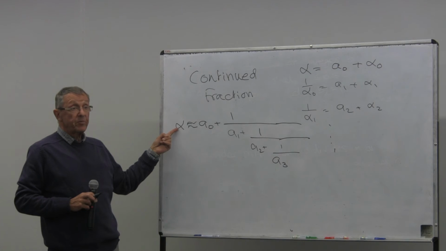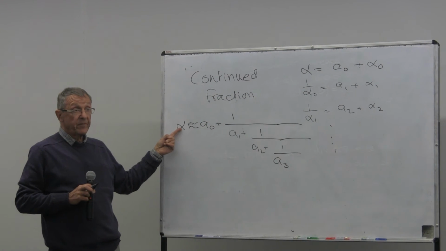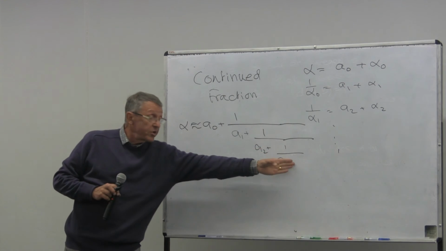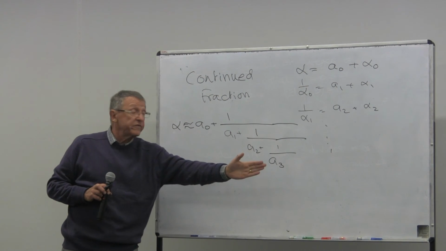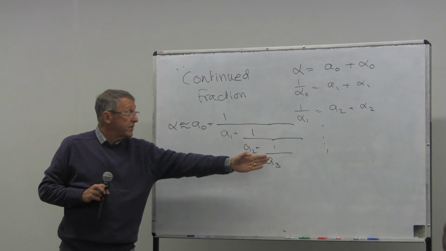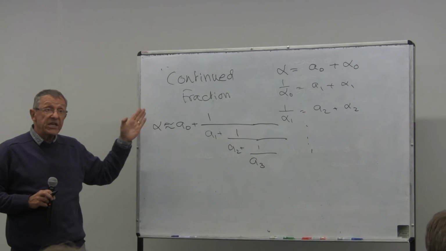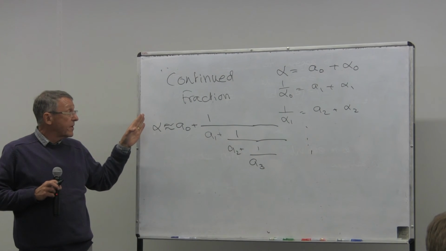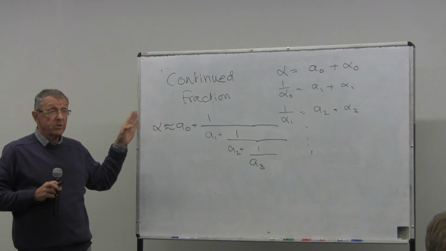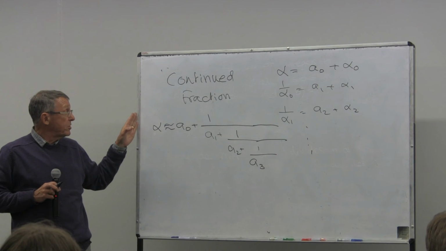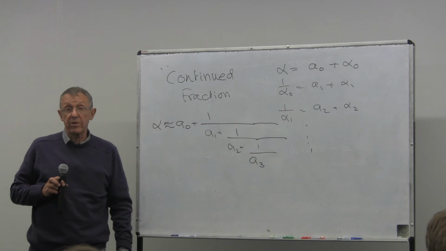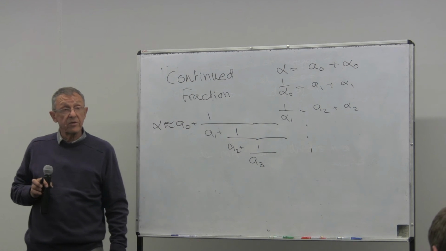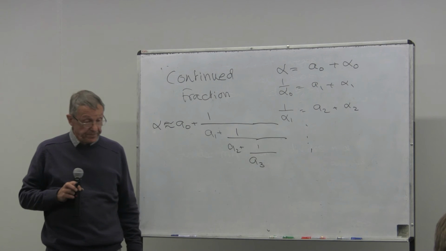And I'd get a rational approximation to alpha. And it turns out this procedure of finding rational approximations by truncating, cutting off an infinite continued fraction, is the most efficient method for finding rational approximations to an irrational. It can be proved. And that's how I happened to discover this one for pi.